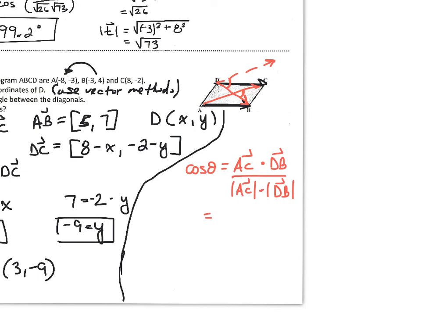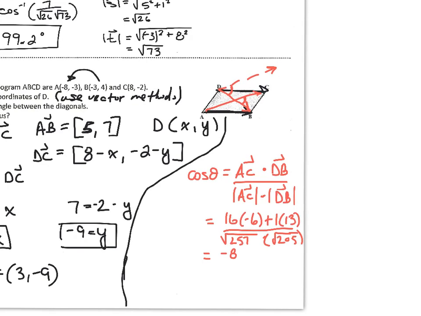So when we do our subtraction and everything, you guys can check the values for these. But AC, it'll be 16 times negative 6 plus 1 times 13 all over square root of 257 times square root of 205. Okay, and that'll give us negative 83 over 229.